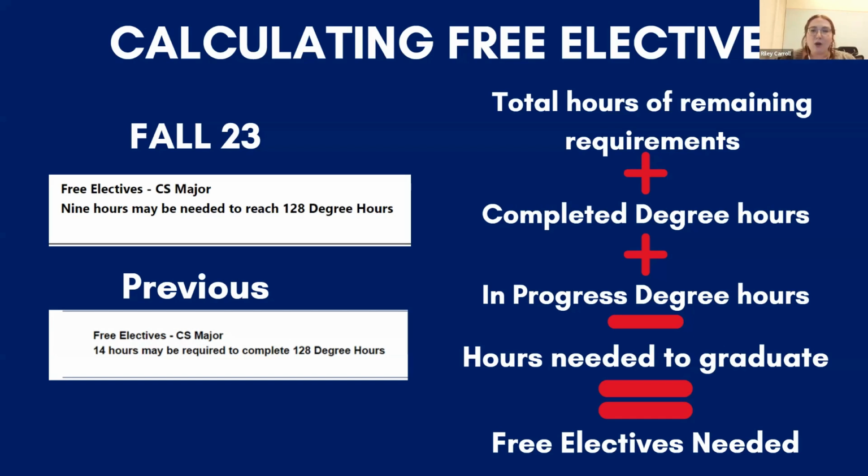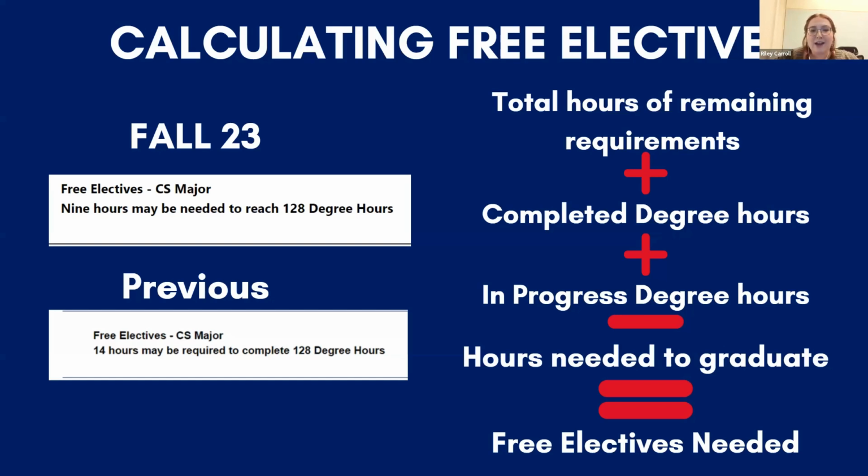In general, how we like to instruct students to calculate those free electives they still need is by doing the following. First, take the hours needed from each of the degree audit categories that we've discussed that you have not completed, and then find their sum. Next, you'll add the number of those completed hours under your total degree hours section. So it should list it there as earned completed hours.